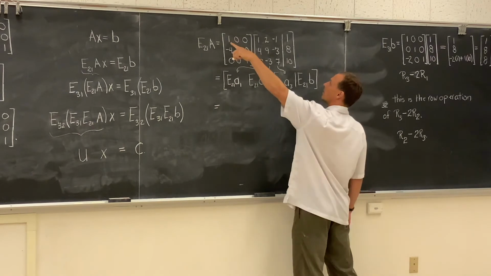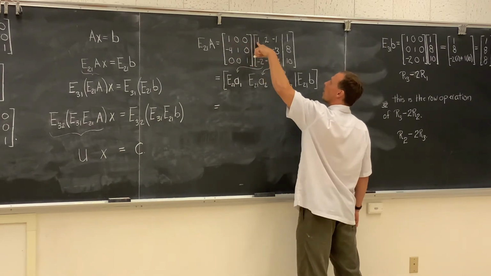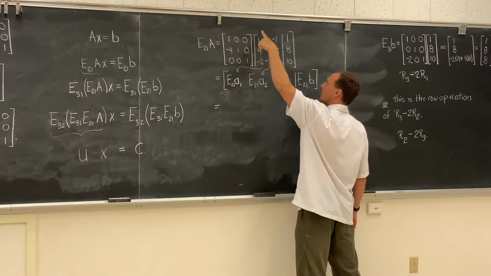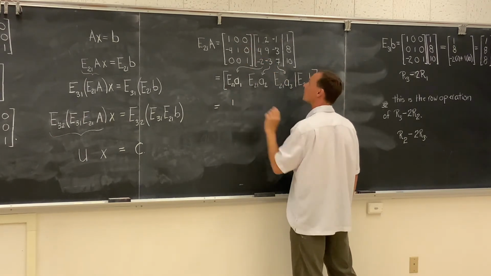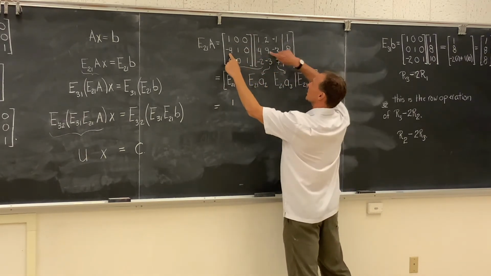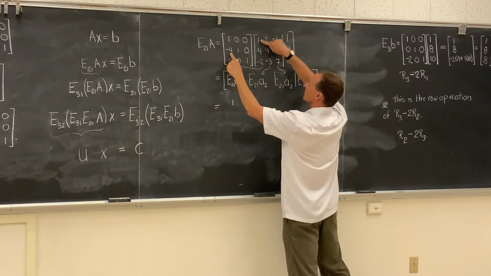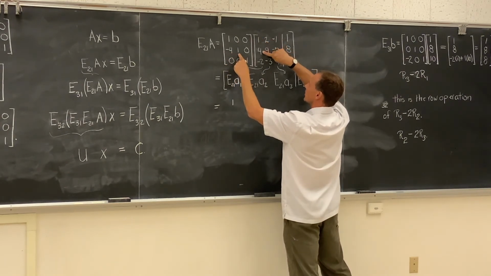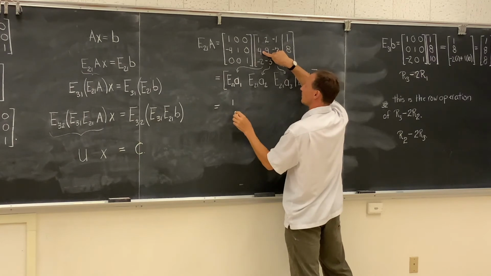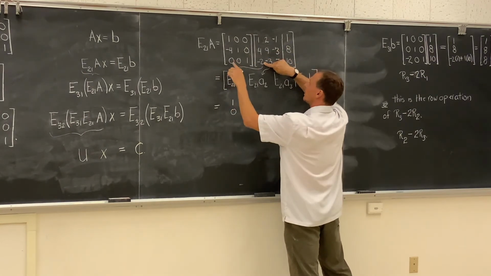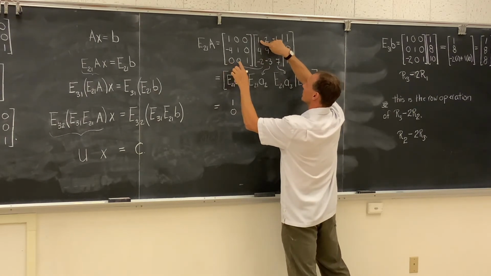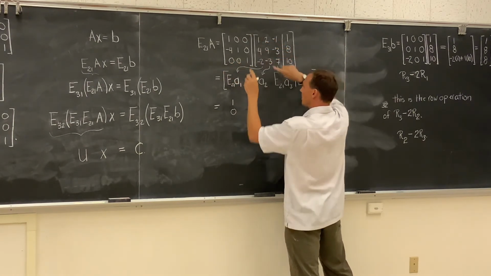Let's do this multiplication. Our first column says we just want one copy of row 1. This next one says we're going to take minus 4 of the first one plus 4 of the second, plus 0 of the third. And then this third entry here says we take 0 of the first, 0 of the second, and a minus 2.